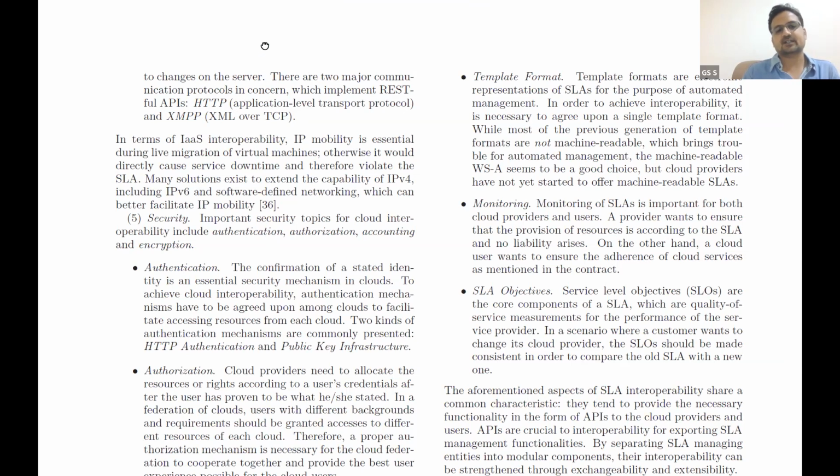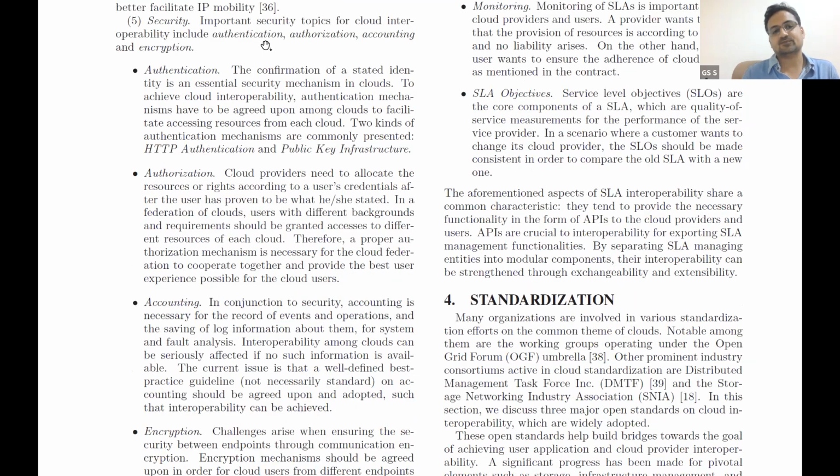Fifth thing is security. Security is how do you do authentication, authorization, accounting, encryption, right? What is authentication? Authentication is username and password credential based entry into the VM. What is authorization? What services I can use, what is my power, reading, writing, executing, what files I can access, that is authorization.